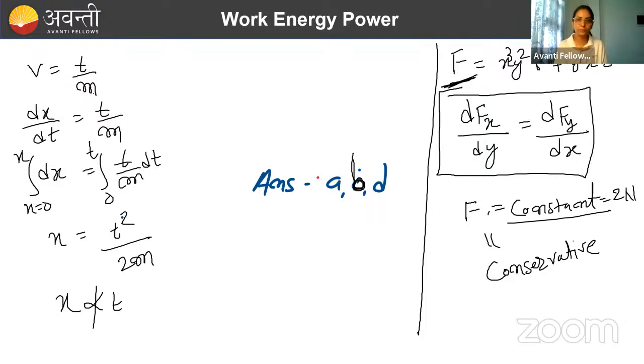So we were doing double differentiation and checking that. Similarly, there is also a concept for finding out the nature of force. If force is given, here I have taken an example: force is x cube y square i cap plus y cube x square j cap. So my force has two components, this and this.